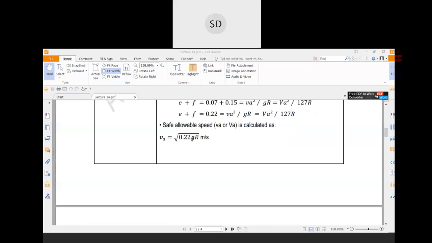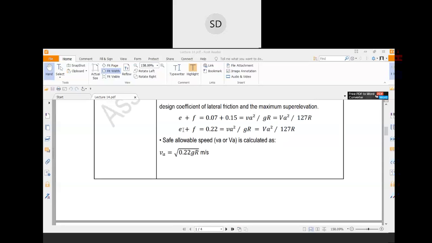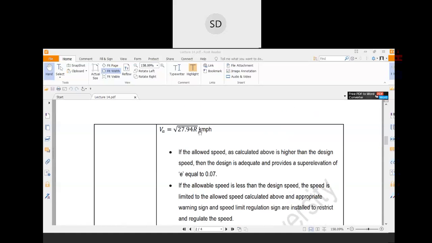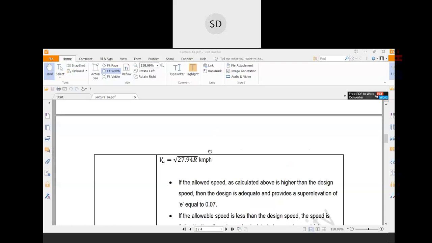Your E plus F, that is 0.22, equal to V square, the allowable speed, divided by 127R. Or you can directly use the formula Va equal to root over 27.94 R kilometer per hour to find out the speed value.